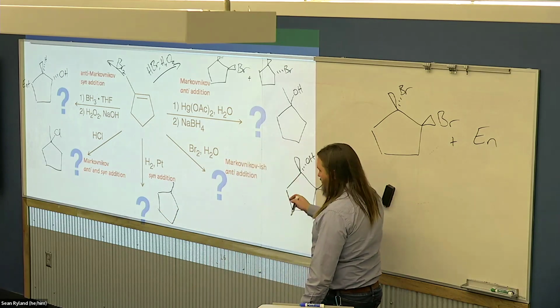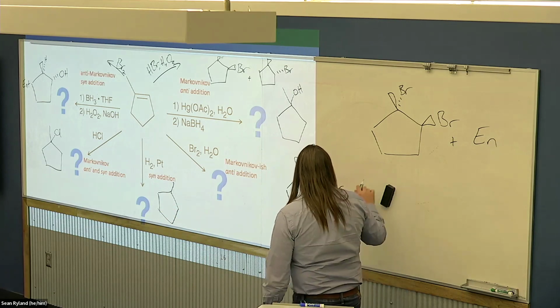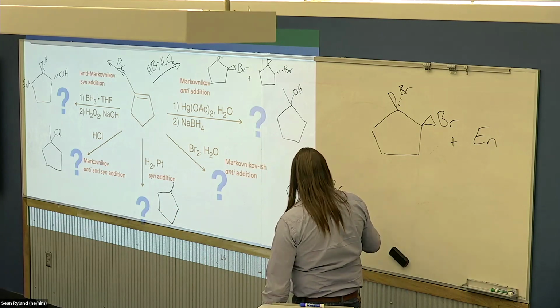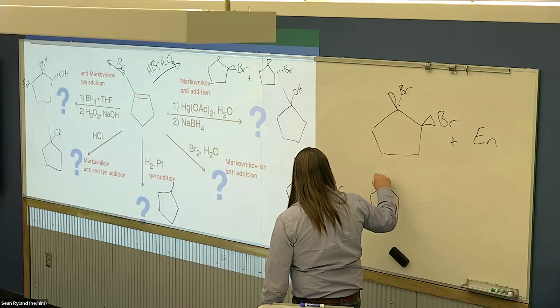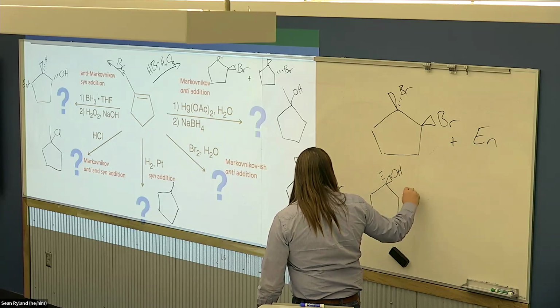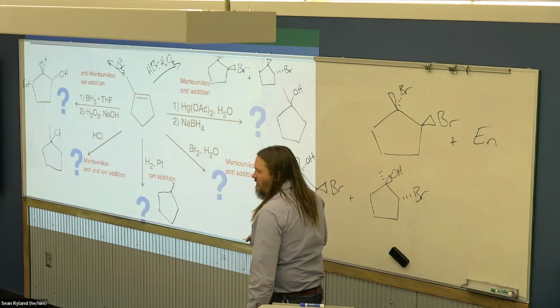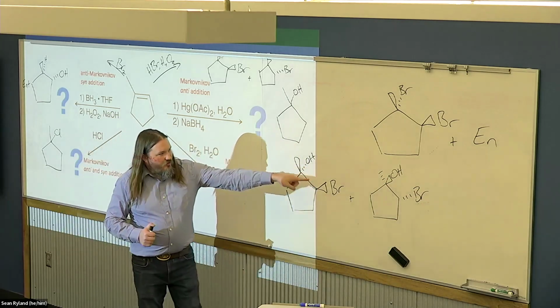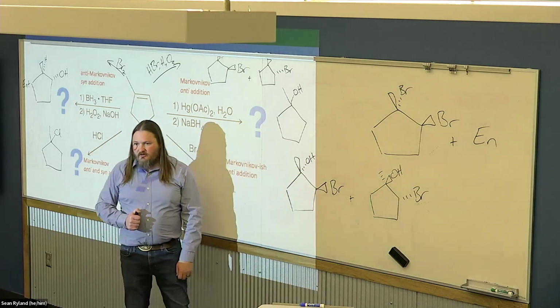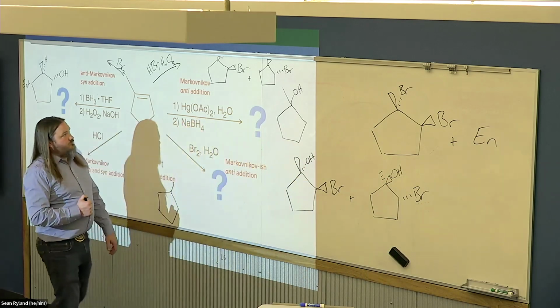So we'll wind up with this and the enantiomer. There are only 2 stereoisomers for that one, because the oxygen and the bromine have to be opposite from each other.